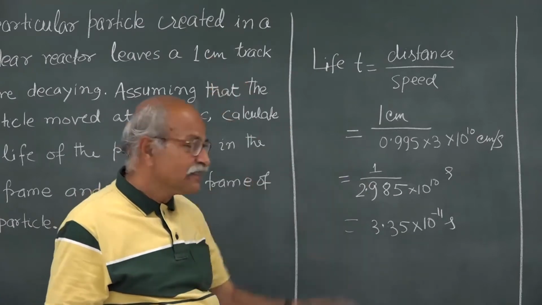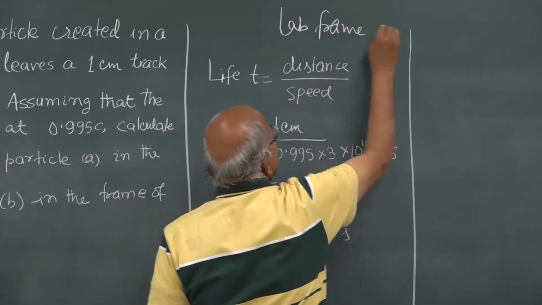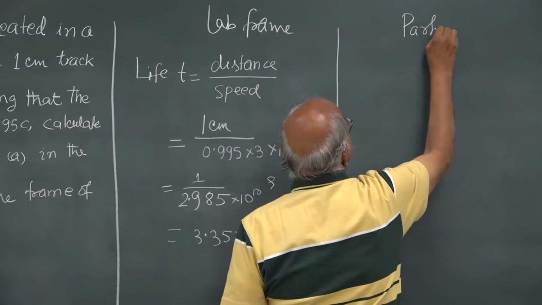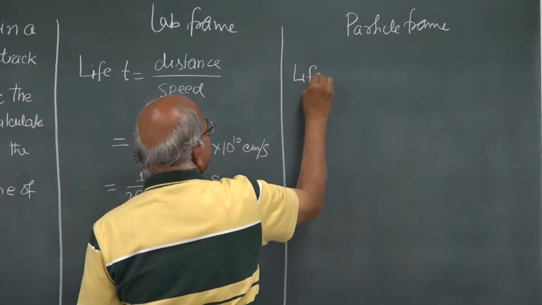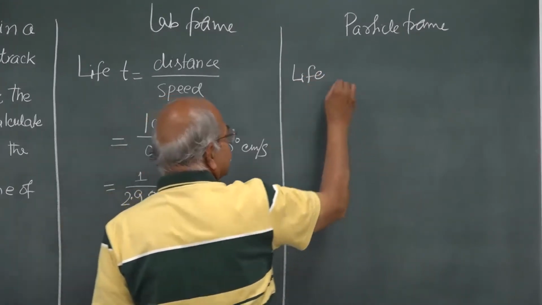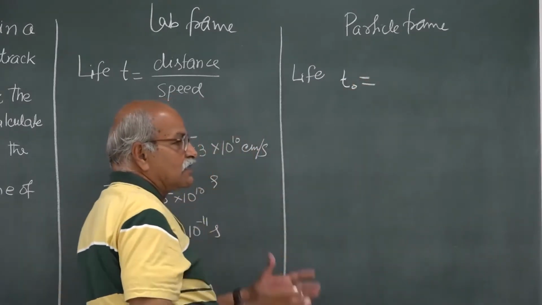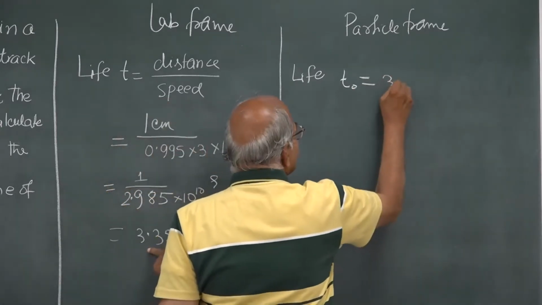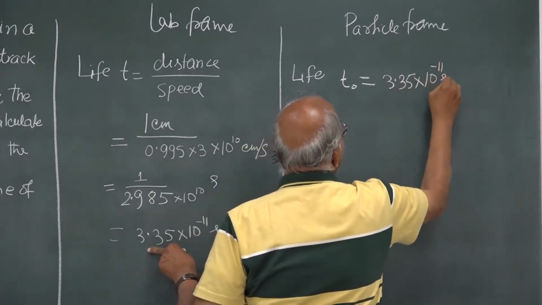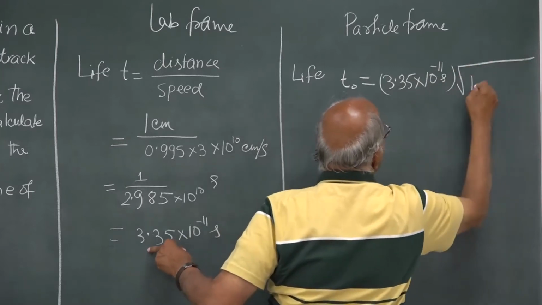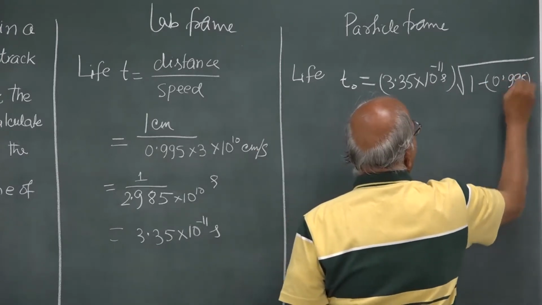That gamma factor. So, this is in the lab frame, and then in the particle frame, that same time interval, life, particle created to particle decayed, is the proper time interval, and proper time interval is the smallest one, and therefore, it will be this 3.35 into 10 power minus 11 second, multiplied by square root of 1 minus (V by C) squared, which is 0.995 squared.